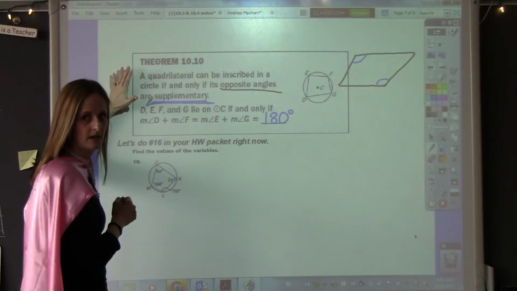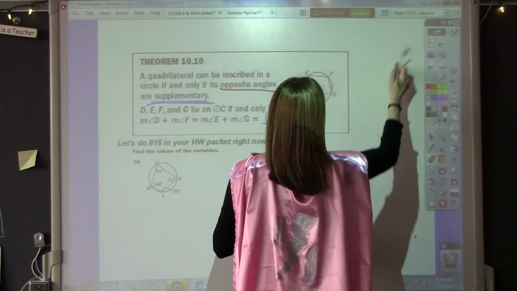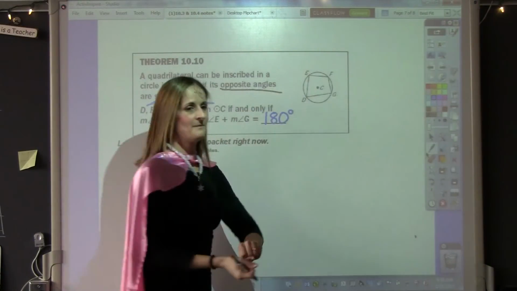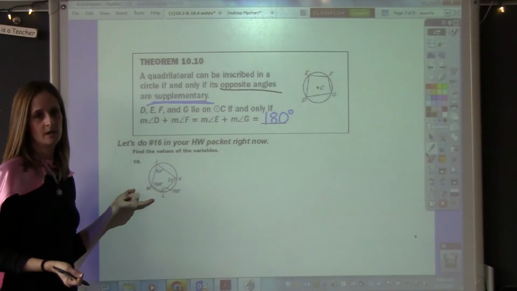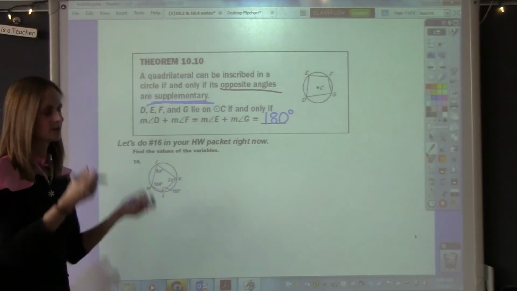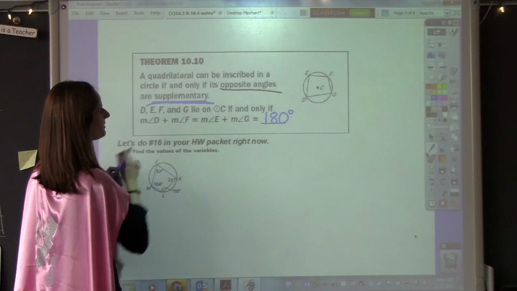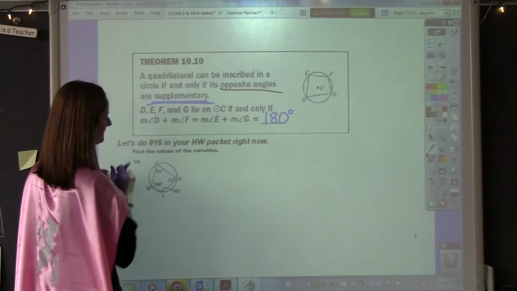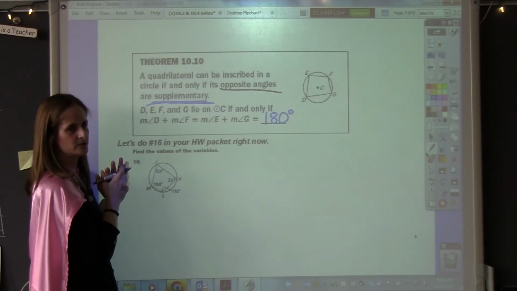supplementary. So I'd like you guys to go to the homework packet. On the back of your homework page, let's go to number 16. See if we can find the value of the variables x and y. So I'm going to start with opposite angles should be supplementary. So what's a pair of opposite angles here?